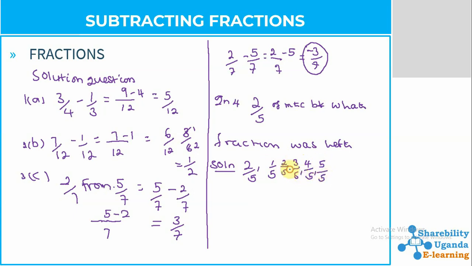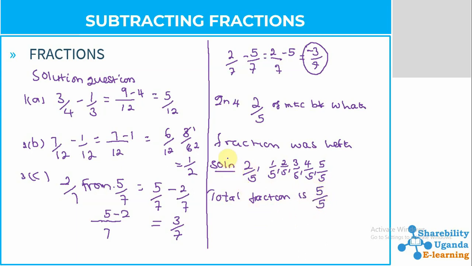So these are other values that we shall use because they are saying 2 out of 5. So this simply means that the total fraction is 5 out of 5.